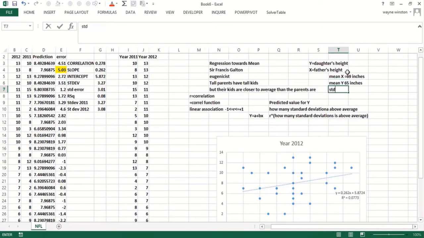And let's suppose the standard deviation of x is 3 inches, to keep it simple. Standard deviation of y is 2 inches. Okay, and the correlation is 0.4.